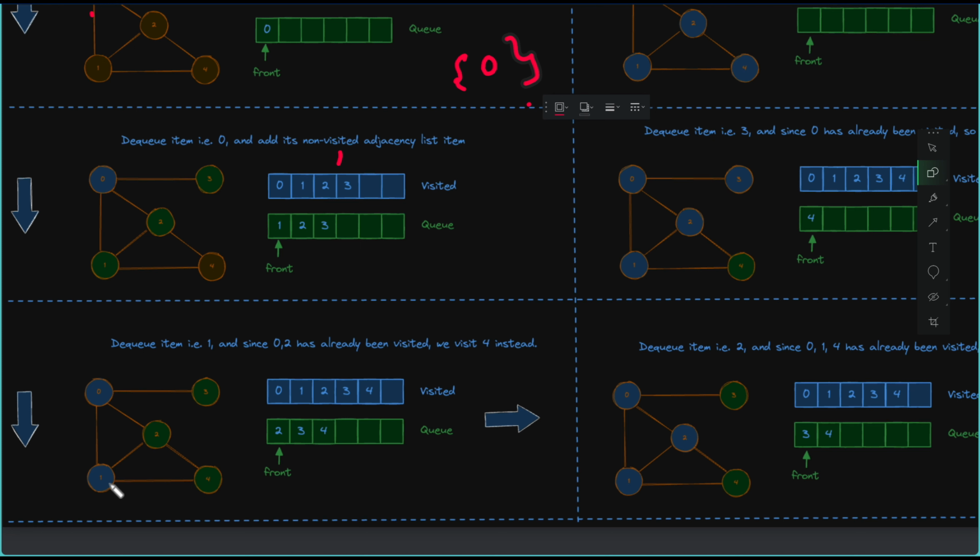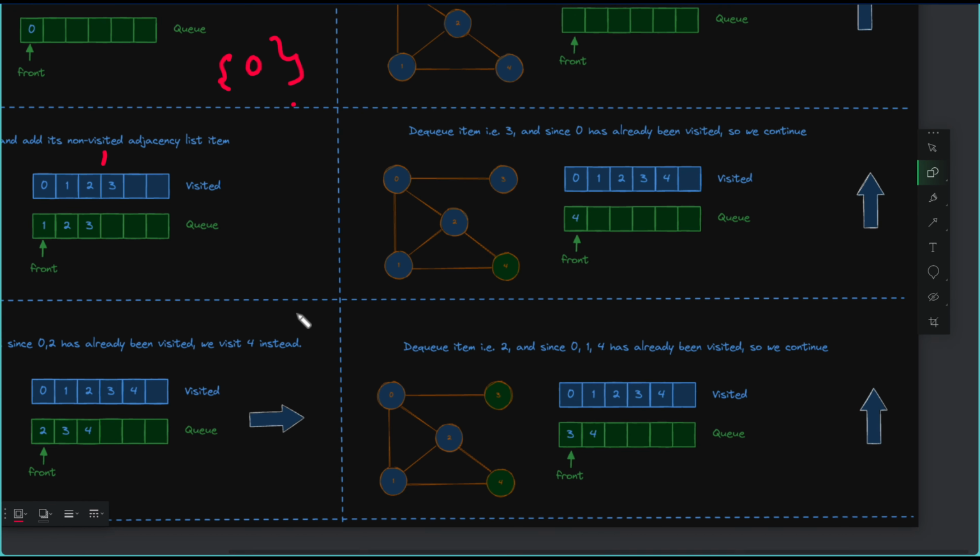Before processing 1, we have to see whether there are any neighbors of 1 which are not yet in the visited set. For us the answer is yes, it's 4. So we also make 4 part of the visited set. Then we go to 2, because 2 is the next element in the queue which we can pop out.